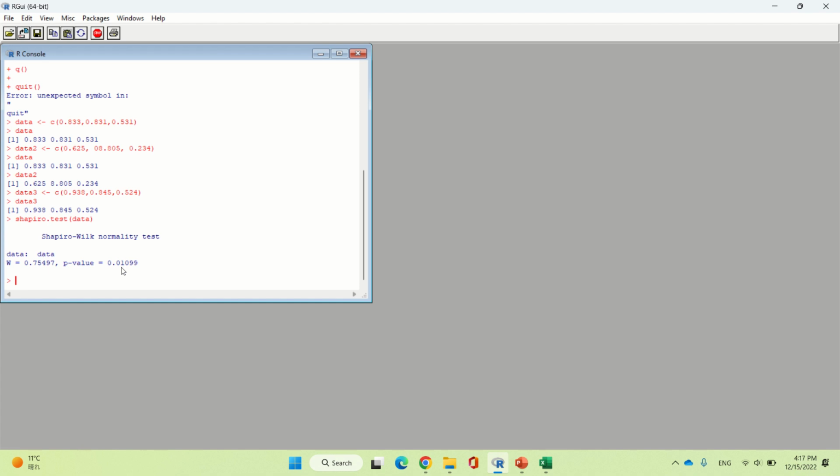Then if we decide the alpha, the significance level, as 0.05, the probability of there being no significant difference is given by the formula 1 minus (1 minus 0.05) to the power of 3 when there are three groups.